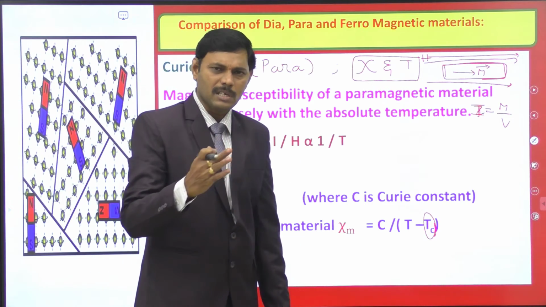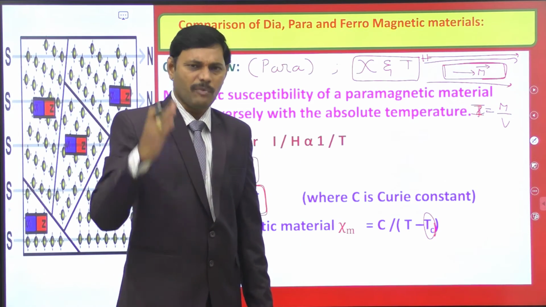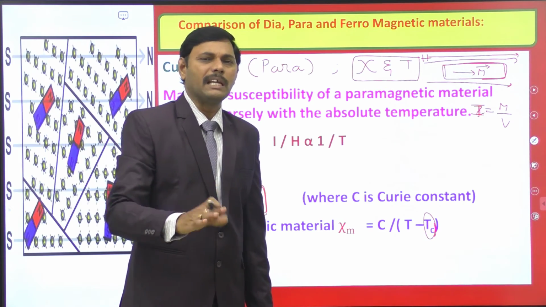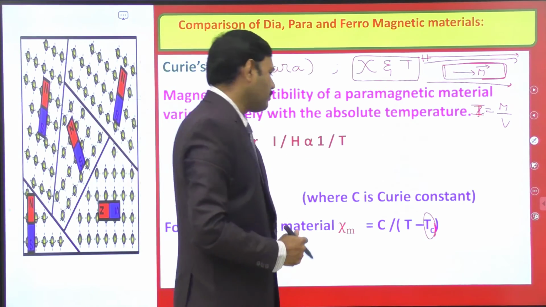So the critical temperature is the temperature at which a ferromagnetic material changes to a paramagnetic material.